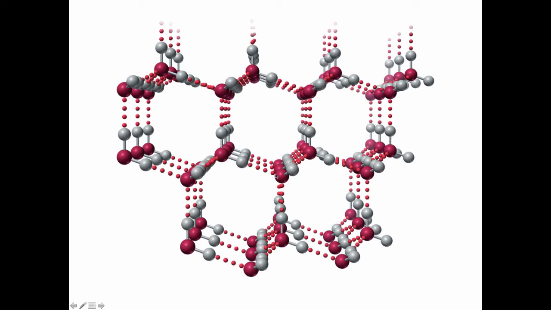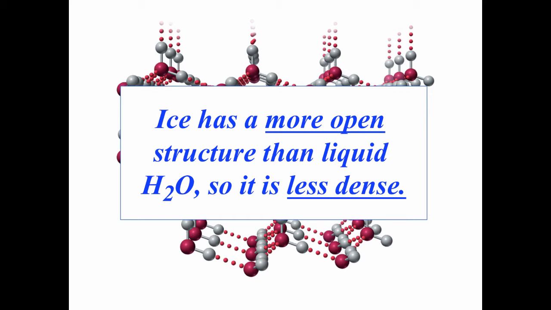So here's a hydrogen bond, here's a hydrogen bond, here's a hydrogen bond, here's a hydrogen bond between this molecule and that molecule and that molecule, etc. And this open structure is less dense than the liquid, which is more dense, and so ice as a solid floats because of this more open structure.